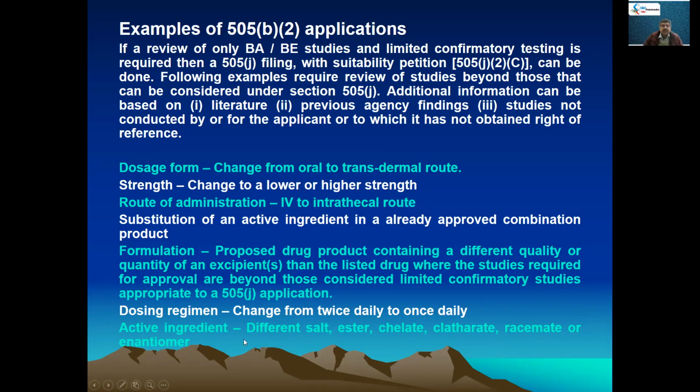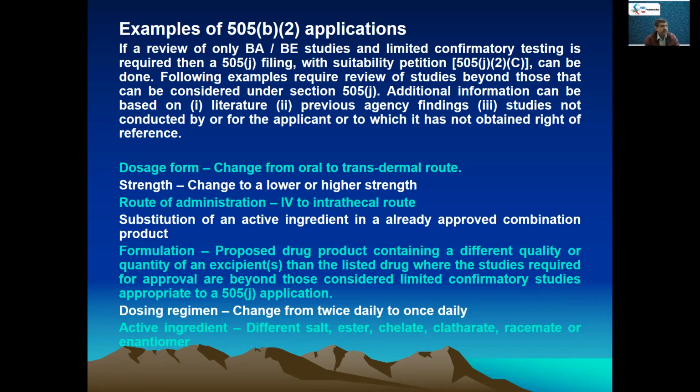Similarly, there are other examples like ibuprofen, which are available in the enantiomerically pure form. So all these cases where there is a change in the API by way of salt formation, prodrug formation or ester formation, chelate formation or enantiomerically pure materials will fall under 505(b)(2).